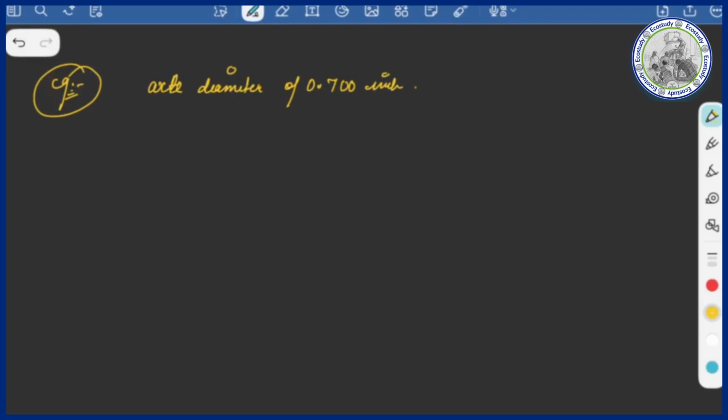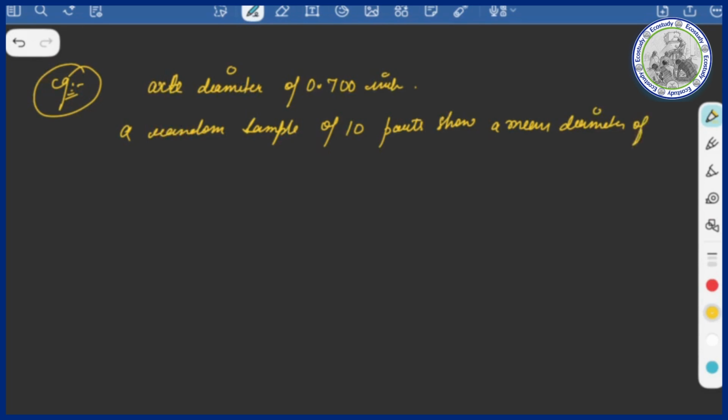A random sample of 10 parts shows a mean diameter of 0.742 inches with a standard deviation of 0.042 inch.